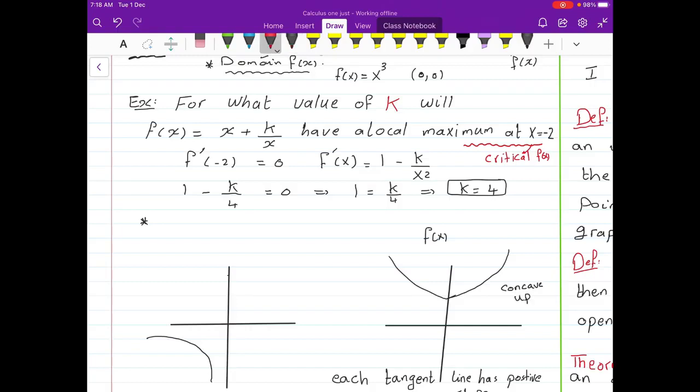Now, if we draw a tangent at any point, note that the slope of the tangent at this point is negative. The slope of the tangent increases.